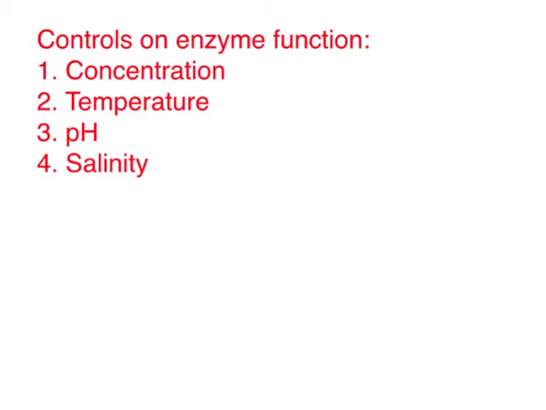All right, finally, what's important to note is that enzymes are controlled by several things, and the first of these is concentration. When we say concentration control, what we mean is that the enzyme can be more concentrated. You can add more enzymes to a reaction, which would obviously speed it up. Okay, so in general, more would mean more speed.